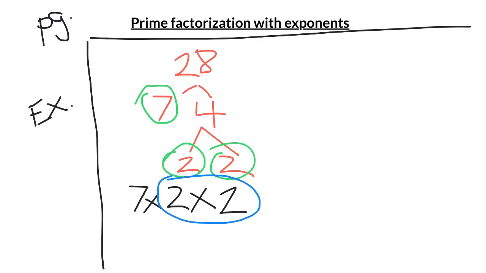So instead of writing it like I have right here, I'm going to do 7 times 2. And then how many 2's are there? 2 of them. So I add an exponent. So my final answer that combines prime factorization and exponents, instead of 7 times 2 times 2, is going to be 7 times 2 squared, or 7 times 2 to the second power.